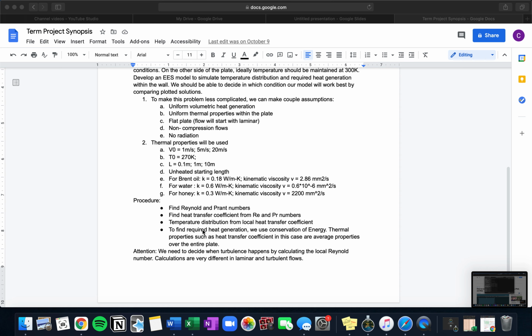Then from there, we can find the temperature distribution within the plate, and we can find the required heat generation, the average required heat generation, by using conservation of energy. So I will walk you through the EES model that I have developed.